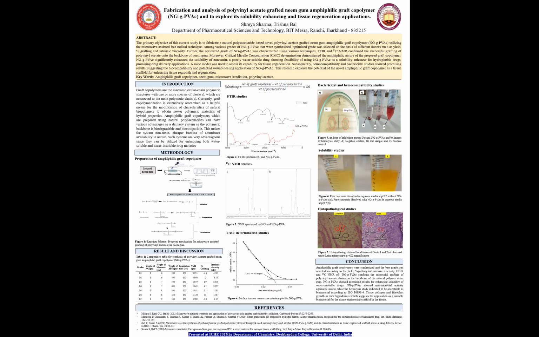So you have done the preparation of the polymer, and then the synthesis of the different grafted polymers, and you have measured percentage grafting and intrinsic viscosity. How have you measured this intrinsic viscosity?